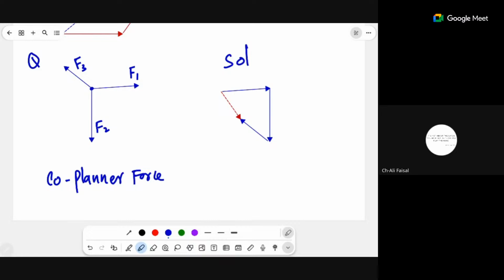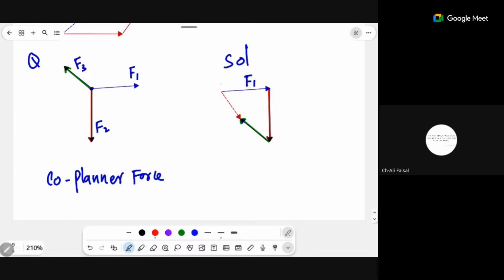So in this free body diagram, if I want to find the resultant of three, what will I do? I will just keep this f1 as it is, right? Then I shifted f2 from this position to the head of f1 this way. Then I shifted this f3 on the head of this. So this is basically the tip to tail method.